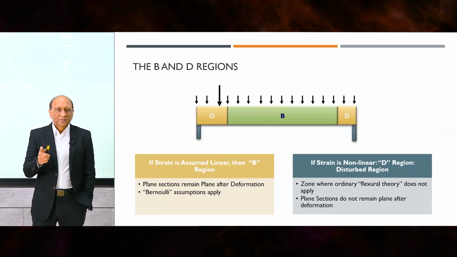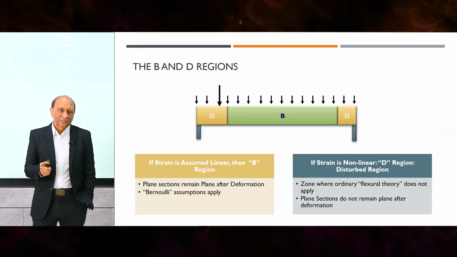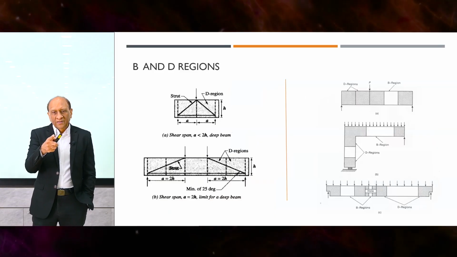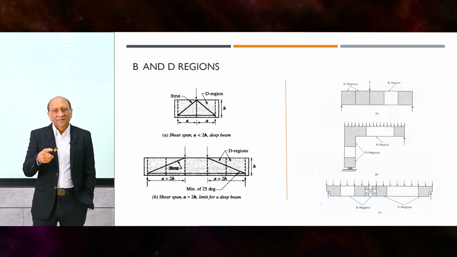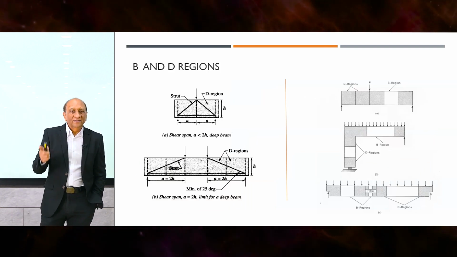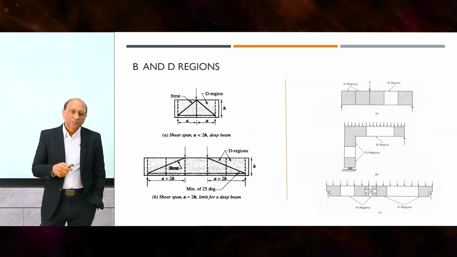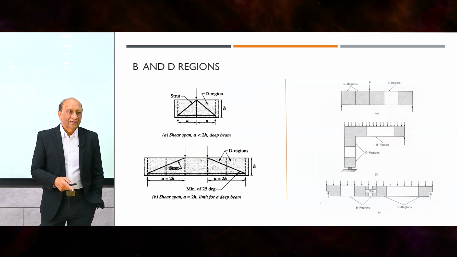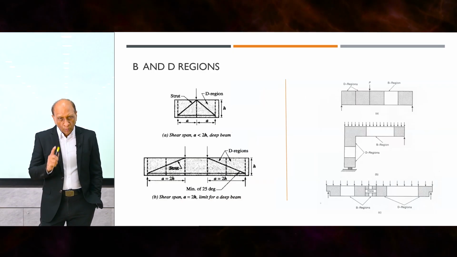So almost every structure has a D and B region, and if you go further, you can see even in most of the places around the openings, around the concentrated loads, around the supports, you find these D regions everywhere. So wherever there's a D region, that is where the strut and tie is more applicable.